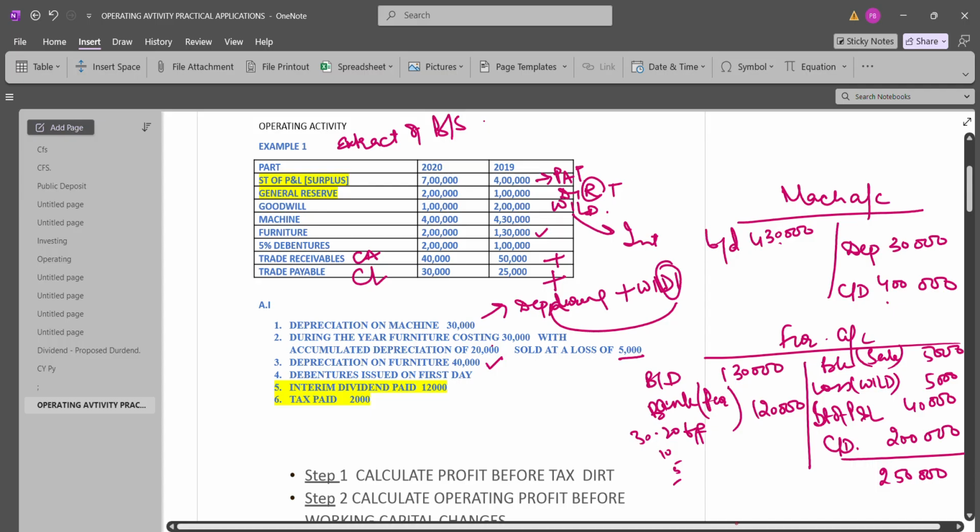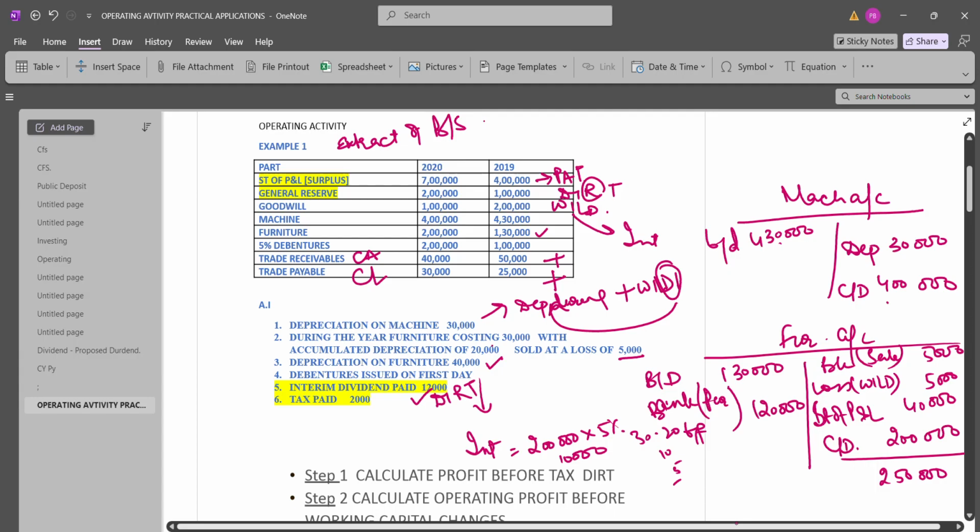Debentures were issued on the first day itself. So throughout the year, we had debentures of 2 lakh. Interest will be 2 lakh into 5%, which will be 10,000 rupees. 2 lakh 10% is 20,000, half of that is 10,000. And interim dividend paid is given. That is a part of our add-backs in case of operating activity.